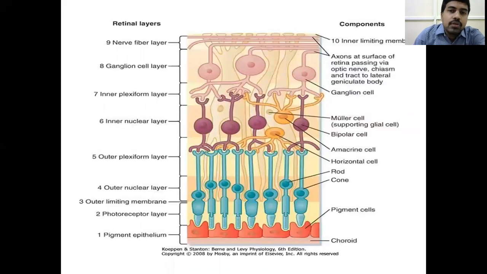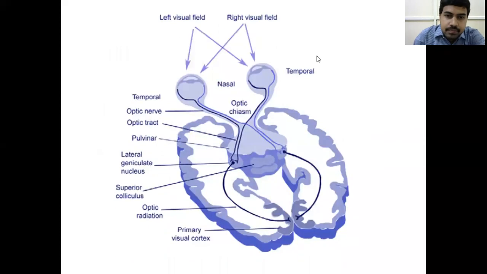Let us see here. In that first diagram I told you, these are the bipolar cells of the retina which form the first order neuron, and these are the retinal ganglion cells which form the second order neurons. This is the cell body, and these are the axons which form the nerve fiber layer. These nerve fibers from the retinal ganglion cells form the optic nerve.